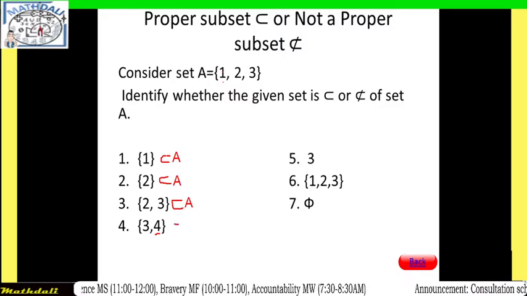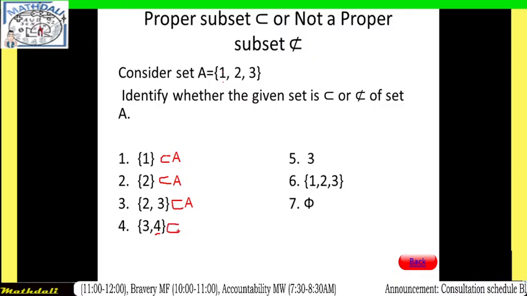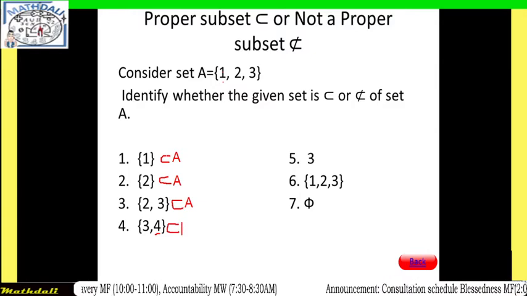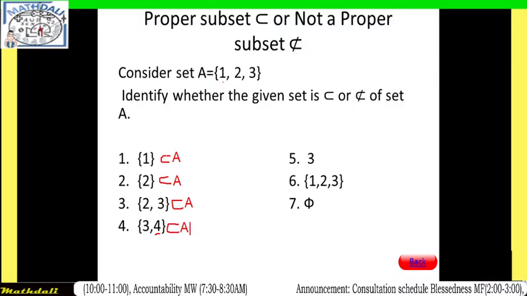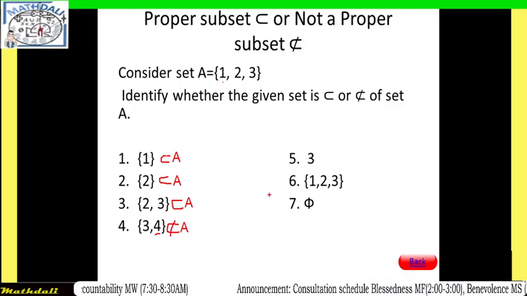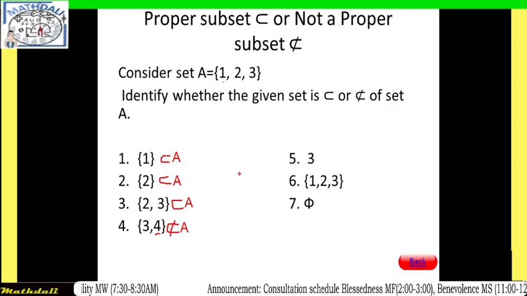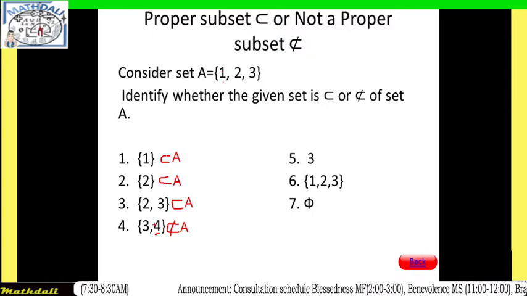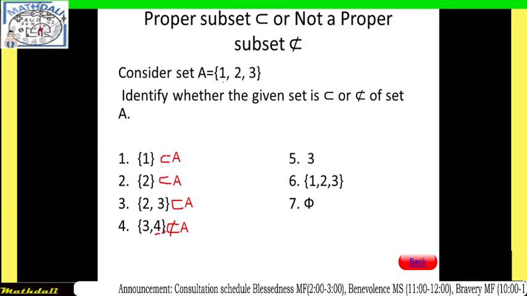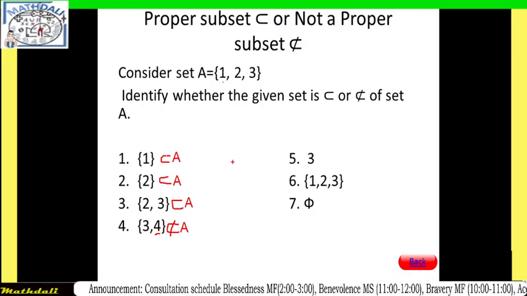Kapag ka hindi siya subset, automatically, hindi na rin siya proper subset ng set A. Okay, so that is not a proper subset of set A. Hindi siya subset, matik na yun na hindi na rin siya proper subset.